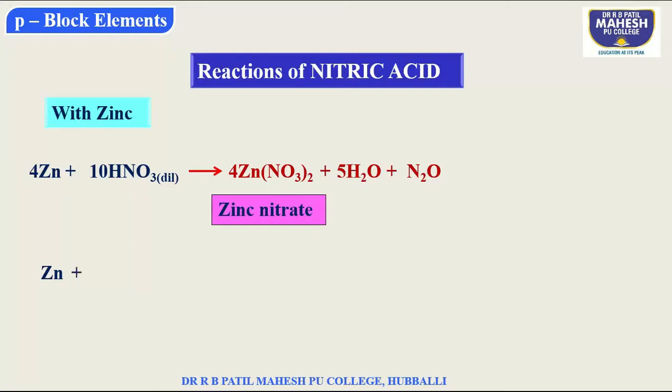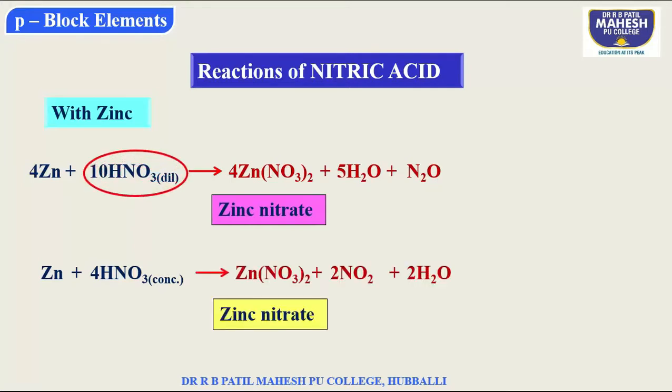When zinc reacts with concentrated nitric acid, we are going to get zinc nitrate, nitrogen dioxide and water as the product. So once again, remember, when zinc reacts with dilute nitric acid, the oxide of nitrogen is nitrous oxide, that is laughing gas. When zinc reacts with concentrated nitric acid, the product is going to be nitrogen dioxide.